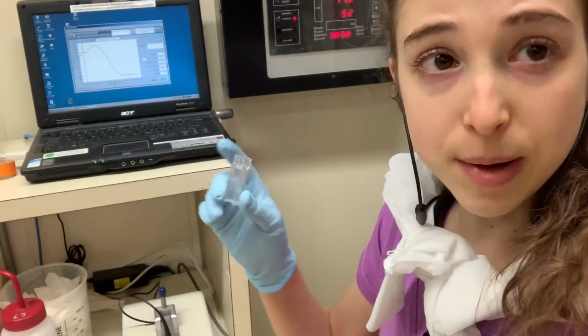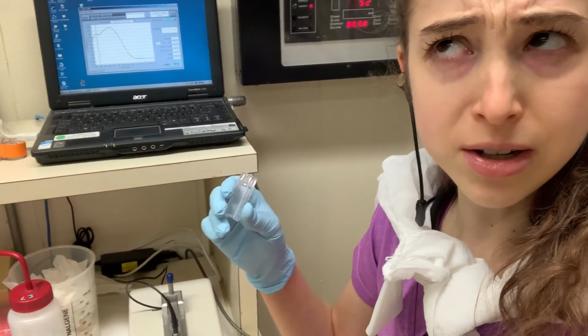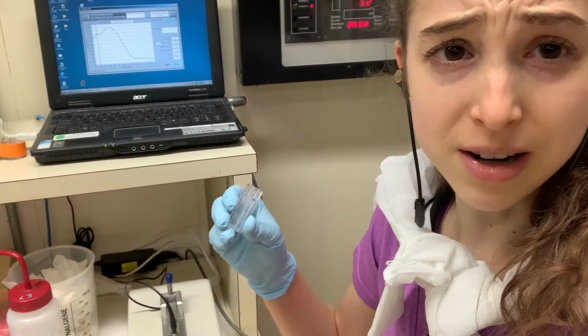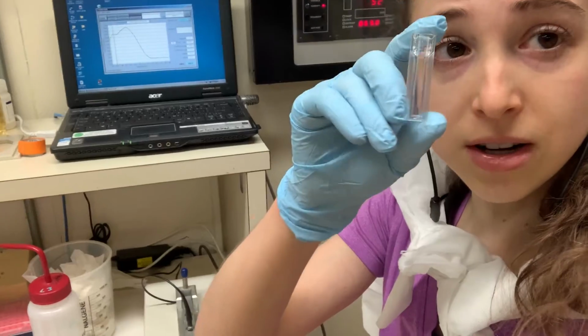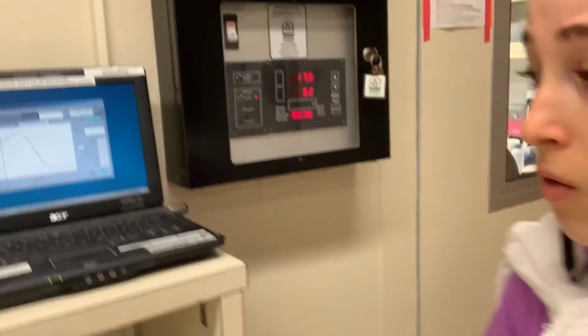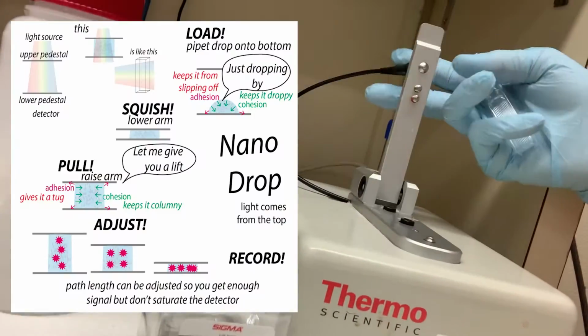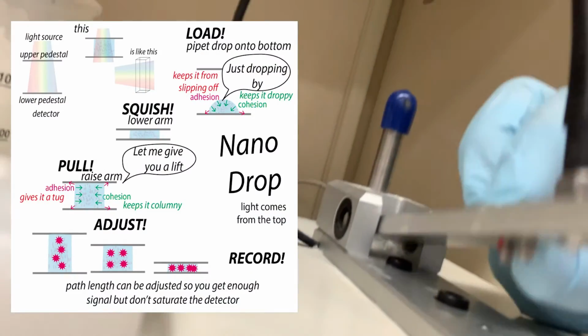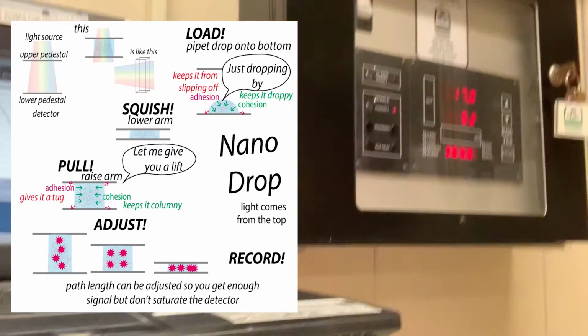So basically, a spectroscope, a spectrophotometer, I can never remember the correct terminology, but there are kinds where you do it in a cuvette, or this nanodrop, where you put a drop here and put it down and make this little column.